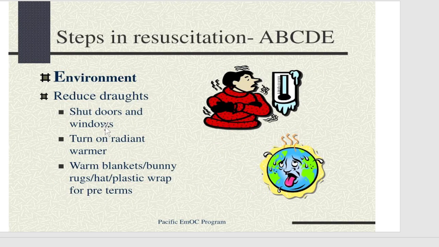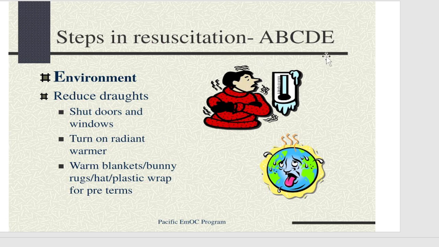Usually in the steps of resuscitation, what you have to follow is ABCDE. A means airway, B means breathing, C means circulation, D means drug administration or defibrillation, and E means we have to give emergency drugs. So this is the ABCDE strategy.